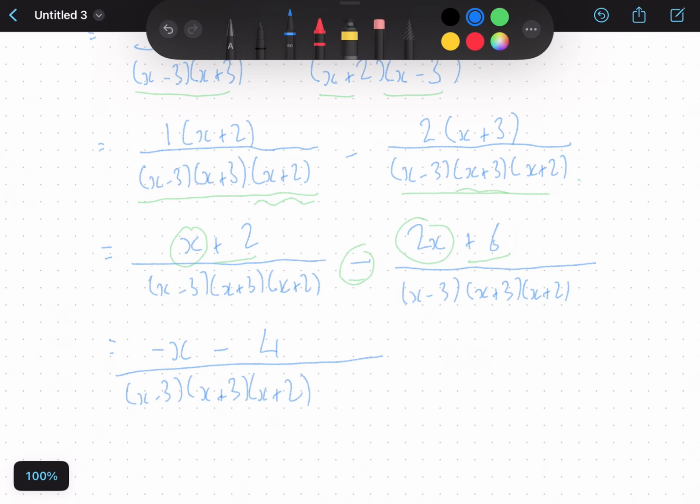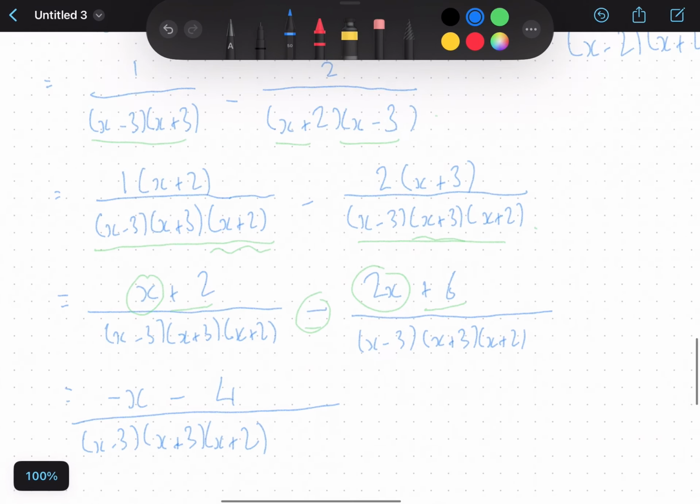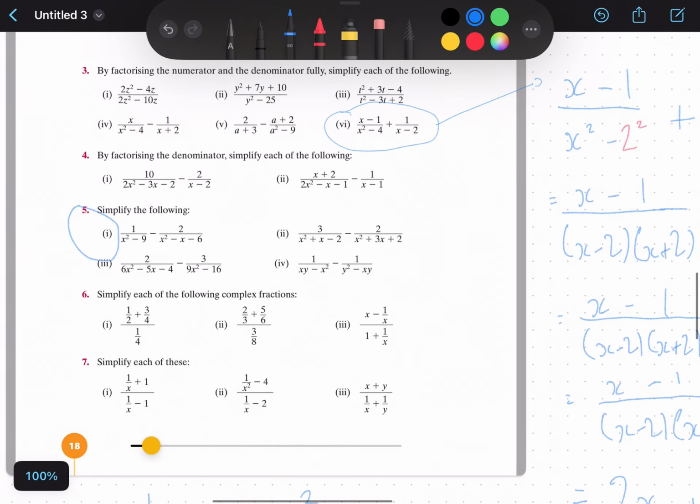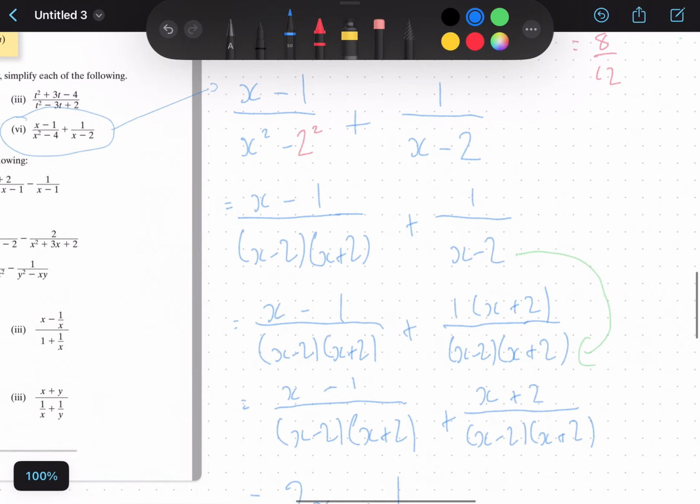So nothing I can factorize out of the top to simplify that down anymore, but again, no need to expand that denominator out. So there is 5 part 1, and there is 3 part 6.